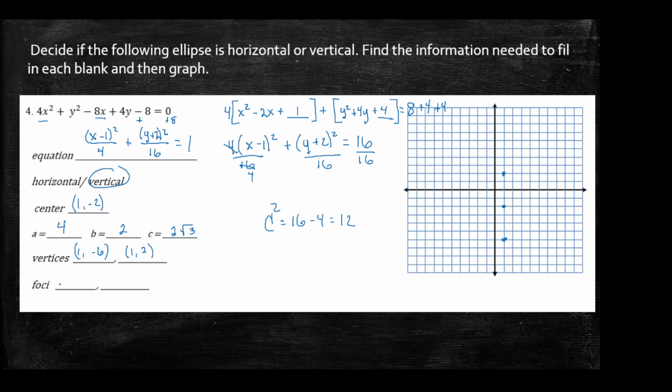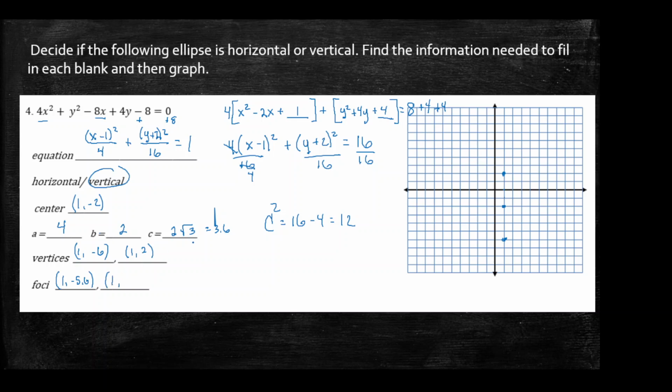And let's see, my foci are going to be, well, we already said that it's 1. Then my k is negative 2 minus, and I'm going to use the decimal value here to make this easier. So 2 radical 3 is about 3.6. All right, so if this is 3.6, then I'm going to subtract 3.6 from negative 2, and that's going to be negative 5.6.